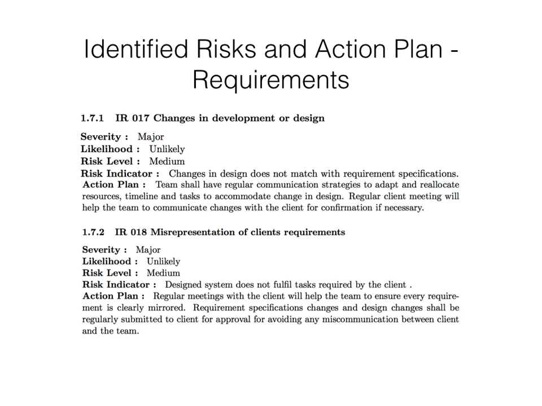To avoid this risk, the team should have regular meetings with the clients, and the discussions will help them to identify this risk at an early phase. Any requirement specification changes and design changes shall be regularly submitted to the client for approval to avoid any miscommunication.